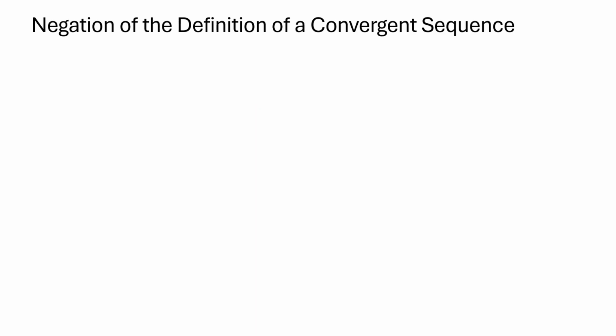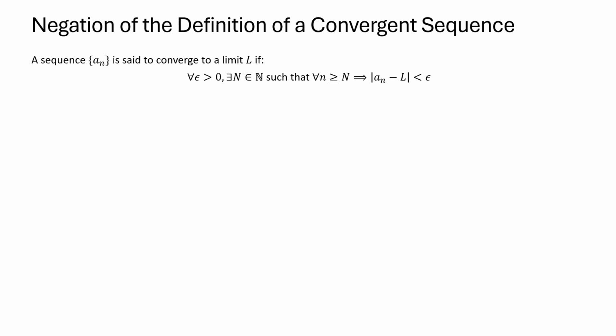On this slide, I'm going to go into a little more detail about what it means to negate the definition of a convergent sequence. So first, let's look at what it means to converge in the technical terminology.